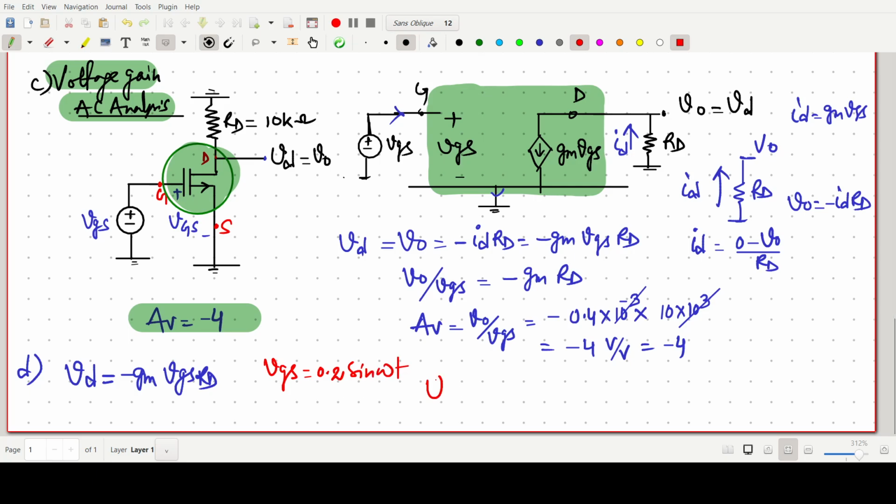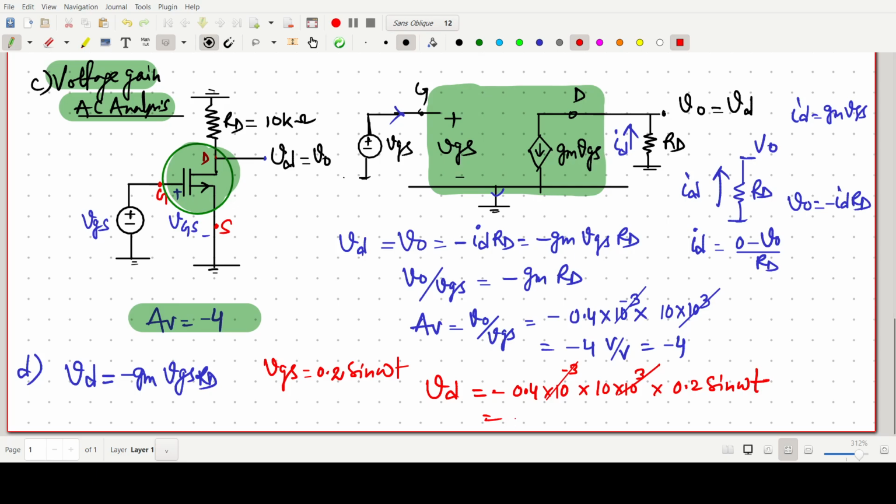Okay, so this VD will be, GM value is given, so minus 0.4 into 10 to the power minus 3 siemens. RD value is given, 10 into 10 to the power 3, and VGS is now given 0.2 sine omega t. So this and this will be cancelled out. So it should be minus 0.4 into 0.2, into 10, into 10 is also there.